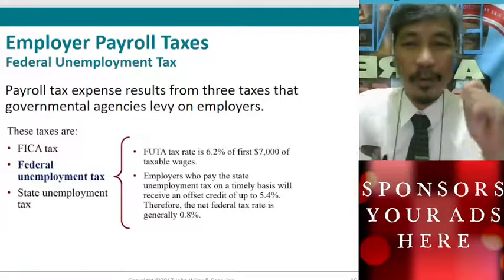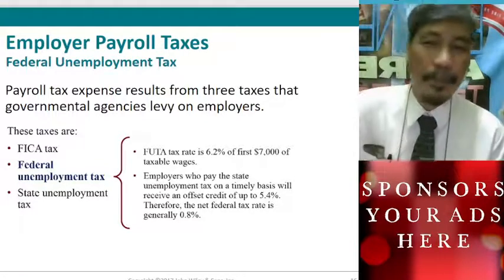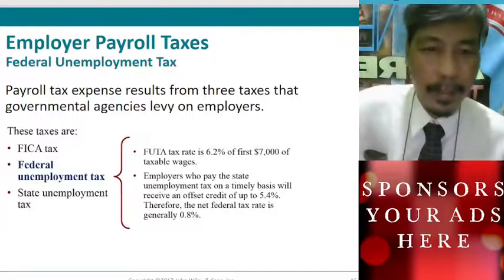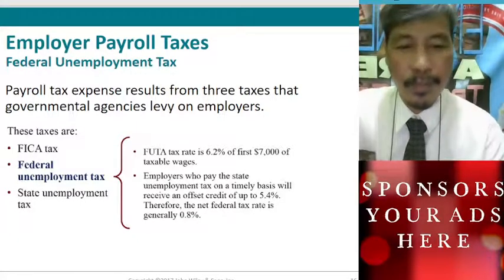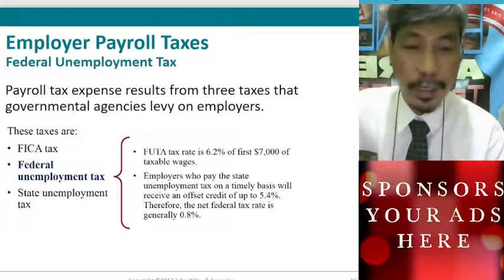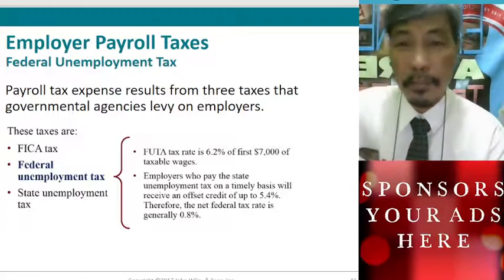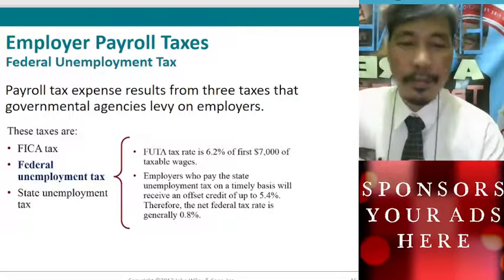If they are good in paying, they have an offset credit of 5.4 percent. Generally 6.2, so they are good.